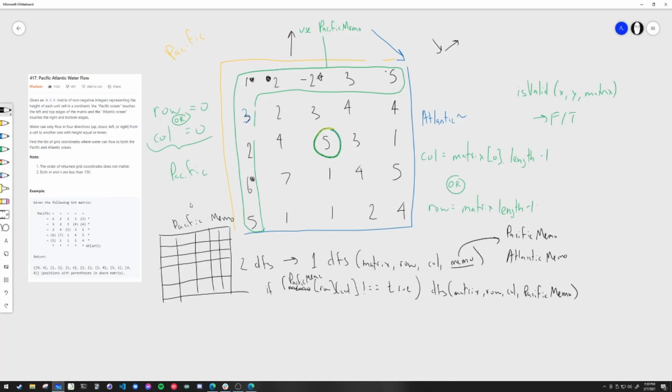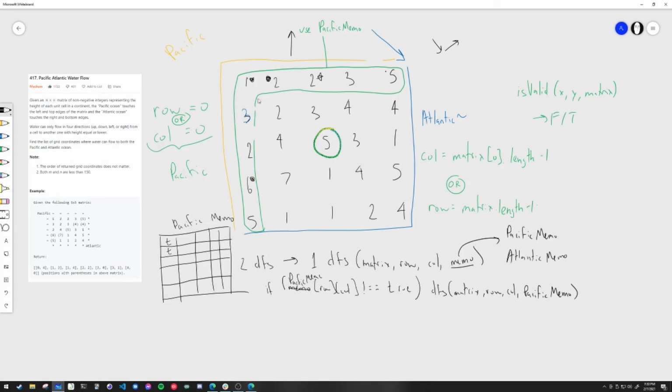Let's start with this 1. We know we can get to that 1, so we put true. Let's go down, 3 is greater than 1, so we can go there. We put true. And from 3, we can't go to 2 or 5 because those are now less than our current number. So now we're done doing a DFS solution this way.